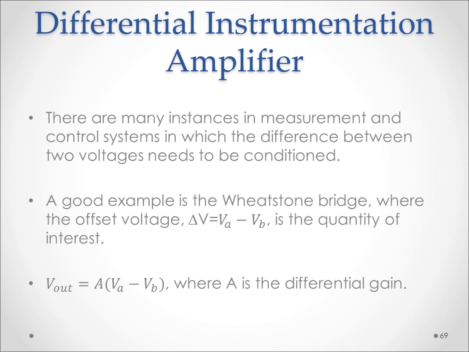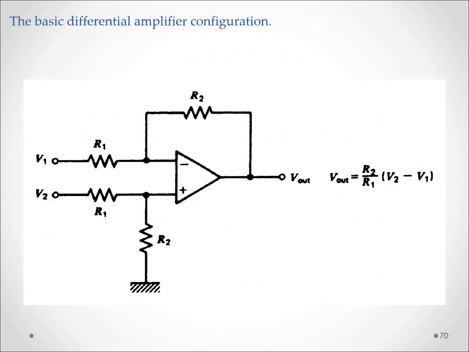This is the setup of a basic differential amplifier configuration, where both sources will be individually connected to the negative and positive channels of the op-amp, where for both inputs we have R1, and on both channels will be connected to an R2. On the negative channel, you take a feedback from the V out, and for the positive channel, the R2 will be connected to the ground.